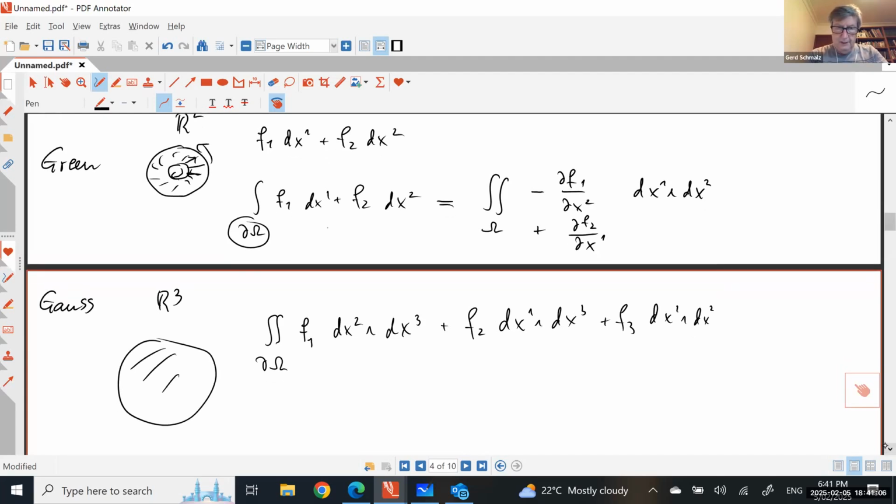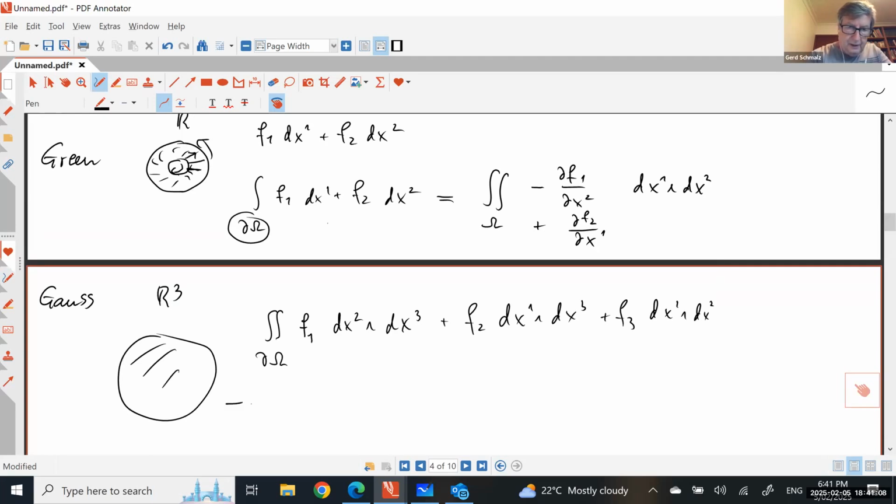So this is now the same as the triple integral over the whole domain of, well, the divergence, so to speak. So here, maybe we put a minus here. It doesn't really matter because I didn't say what f2 is. So let's choose f2 so that this has a minus. It just comes out nicer.